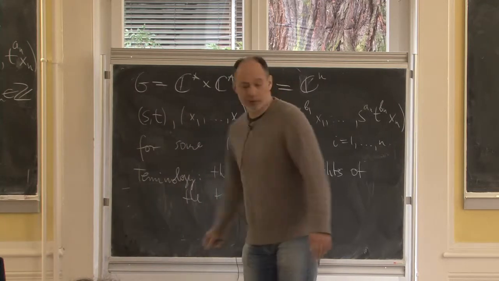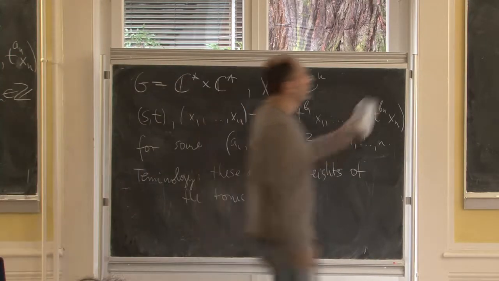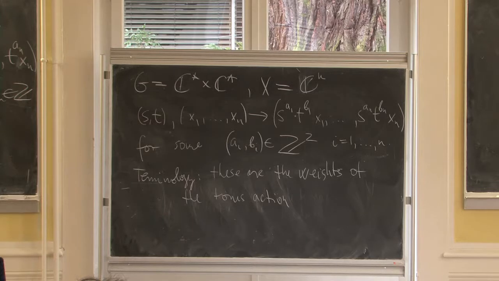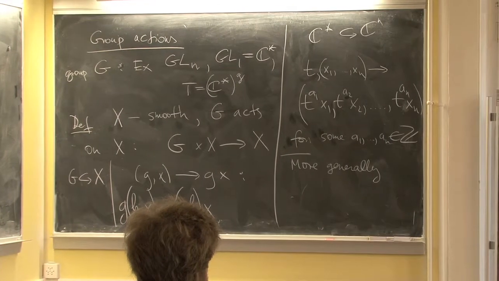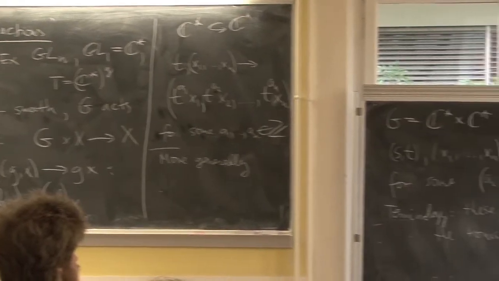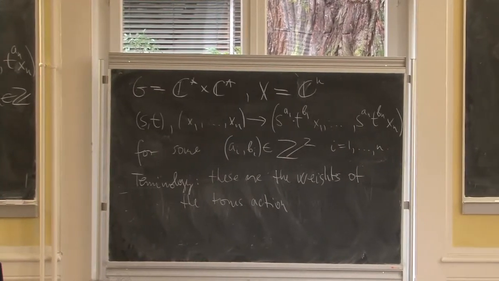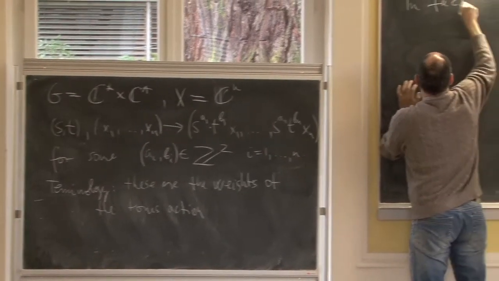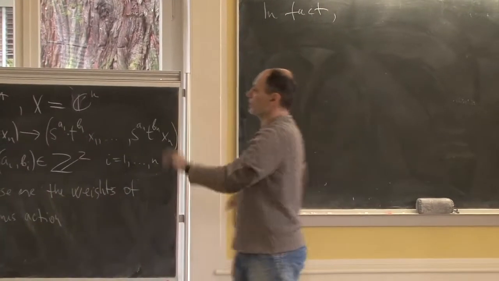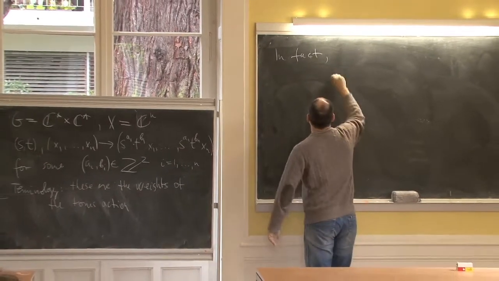Yeah, maybe I should have said something else before, but anyway, I'll say it now. The point is that this is actually general. So in fact, what is true is that let's take a commutative group.